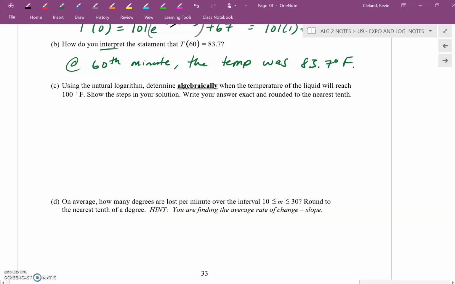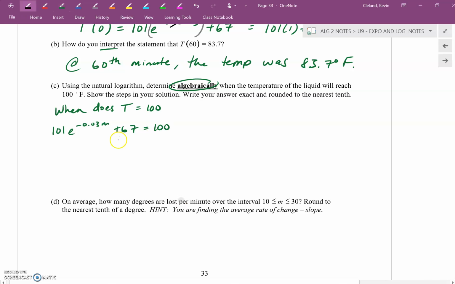All right, part C. Let's get into some algebra. Determine algebraically when the temperature of the liquid will reach 100 degrees. So we essentially want the output, we want T to equal 100. So we have 101e^(-0.03m) + 67 = 100.